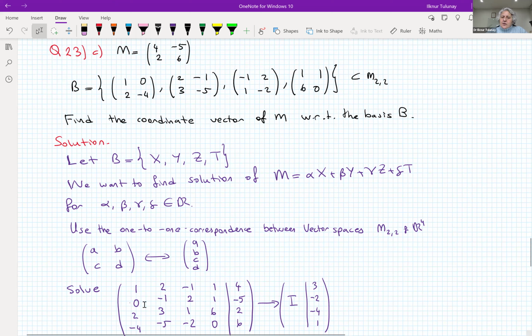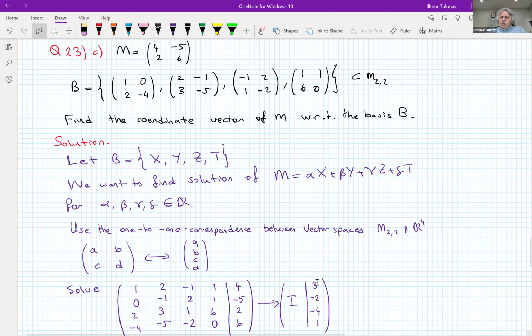So I would like to find the solution of this linear system of equations. From here to here, we apply the row operations, find the reduced row echelon form, and you will obtain an identity matrix here, which means that we will find a unique solution. So this is the unique solution for this equation system. Alpha is 3, beta is -2, gamma is -4, and delta is 1.